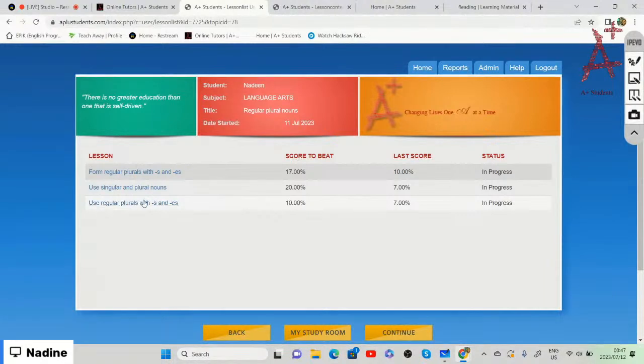And in our lesson today on regular plural nouns, we did how to form regular plurals with S and ES, how to use singular and plural nouns, and how to use regular plurals with S and ES. And singular refers to one, and plural refers to more than one.